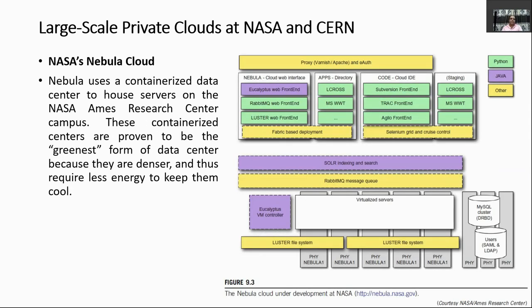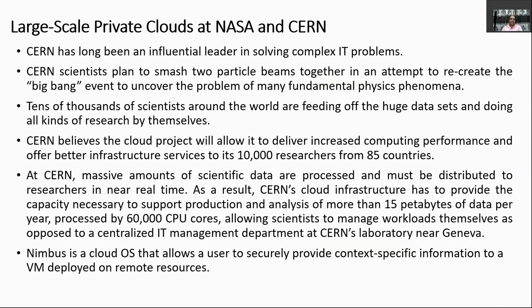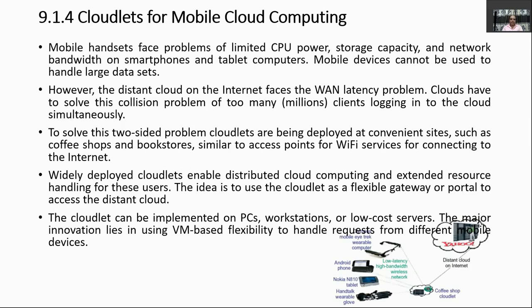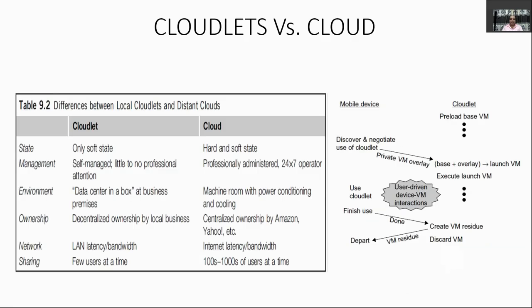And CERN has also created its own Nimbus Cloud OS, which can be used by anybody or deployed by any researcher who wants to do some research work on this kind of cloud OS. Then we have seen the cloud mashups for agility and scalability. We have seen the usage of cloudlets in mobile cloud computing, and how the cloud and the cloudlets differ from each other. Basically, the cloudlet has only soft state, and the cloud has both hard as well as soft state.